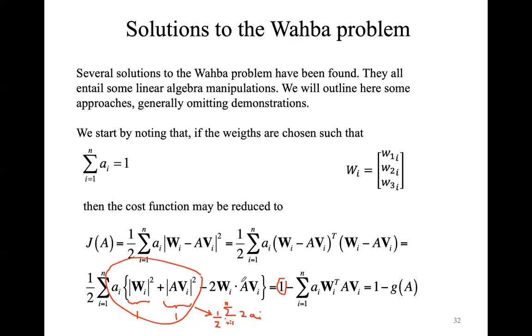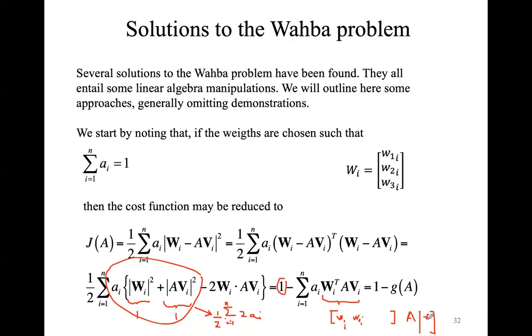You know that the dot product of two vectors is given by the transpose product, so it will be the transpose of this vector, a row vector given by W1i, W2i, and the other component, times the attitude matrix times the column vector that is given by the body in the inertial reference frame.